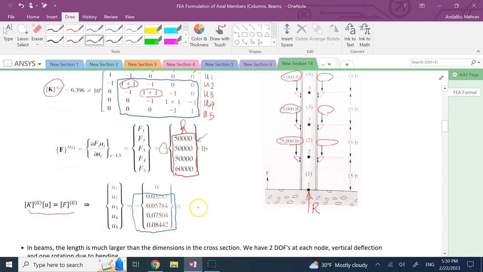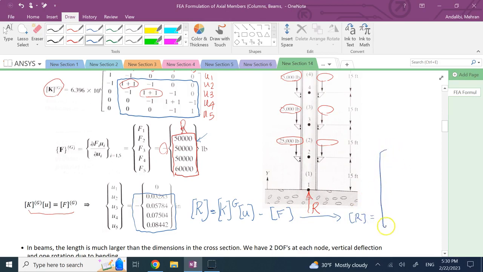Then I can go back and say that the reaction matrix is equal to K global times U, and then minus F. And if I do that, then the matrix of my global reactions are going to be what?